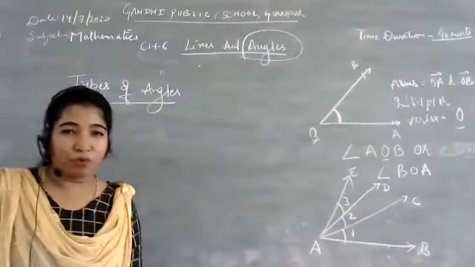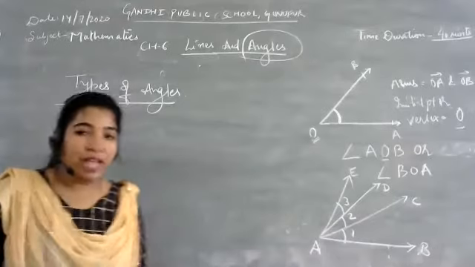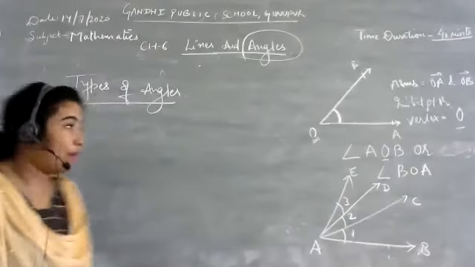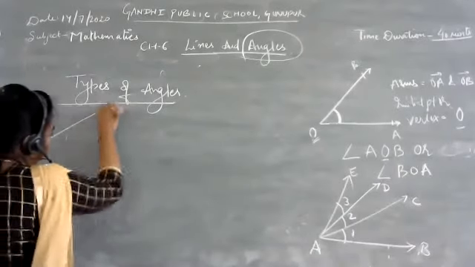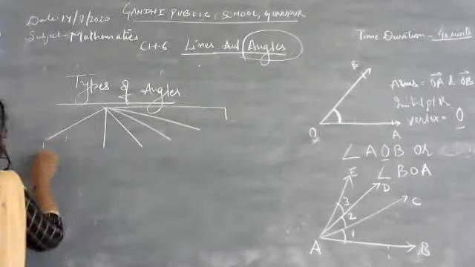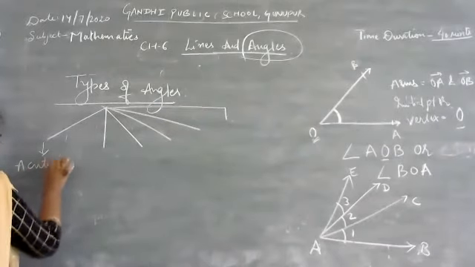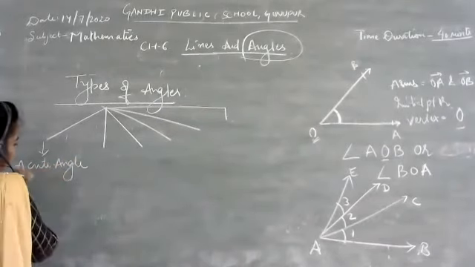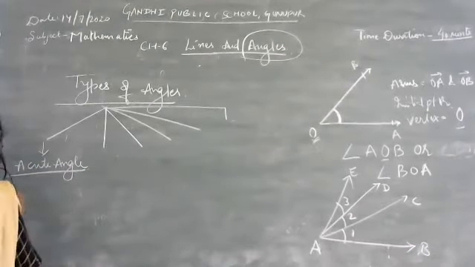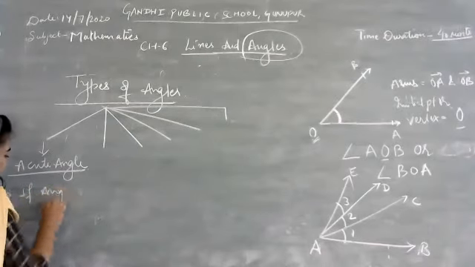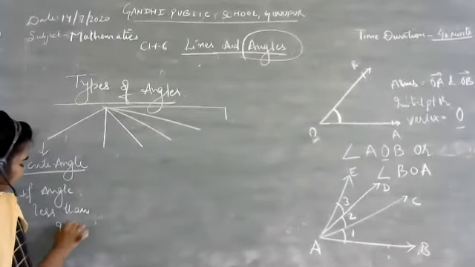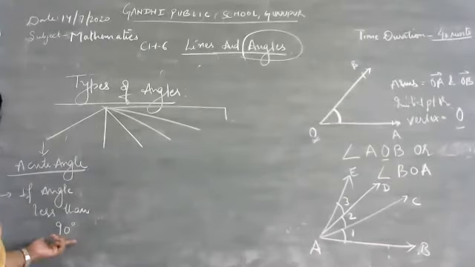I hope many of you have already learned them, but as this is a part of this chapter, I'm going to revise the types of angles again. The first one is the acute angle. If an angle is less than 90 degrees, then we can say it is an acute angle.